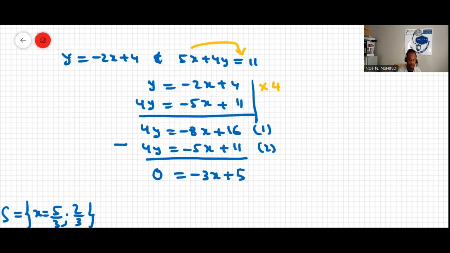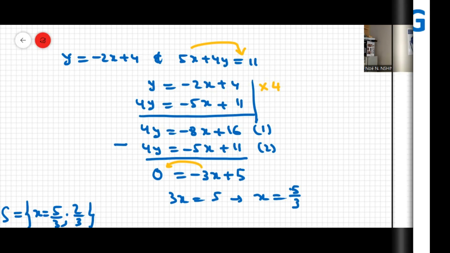So if I move the negative 3x over, I'll have 3x equal to 5. Dividing both sides by 3, we have x equal to 5 over 3. Then we can substitute this value in either equation 1 or equation 2, as we did here, and we're going to get the value of y.